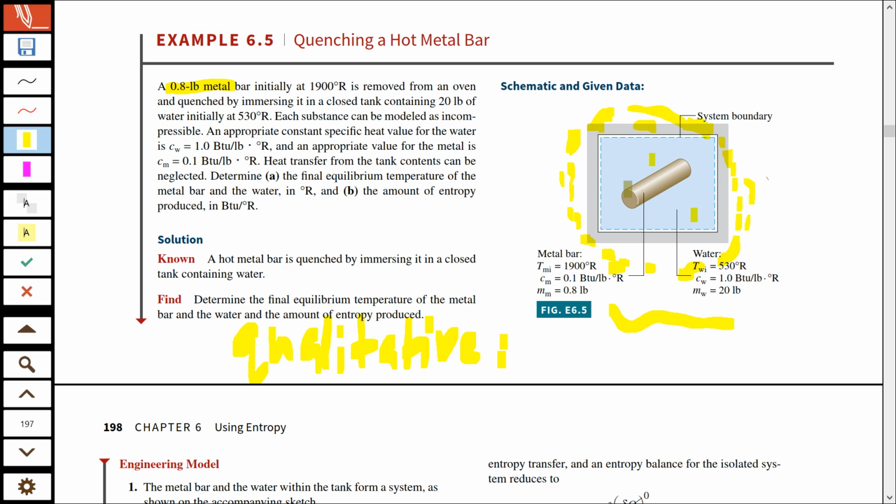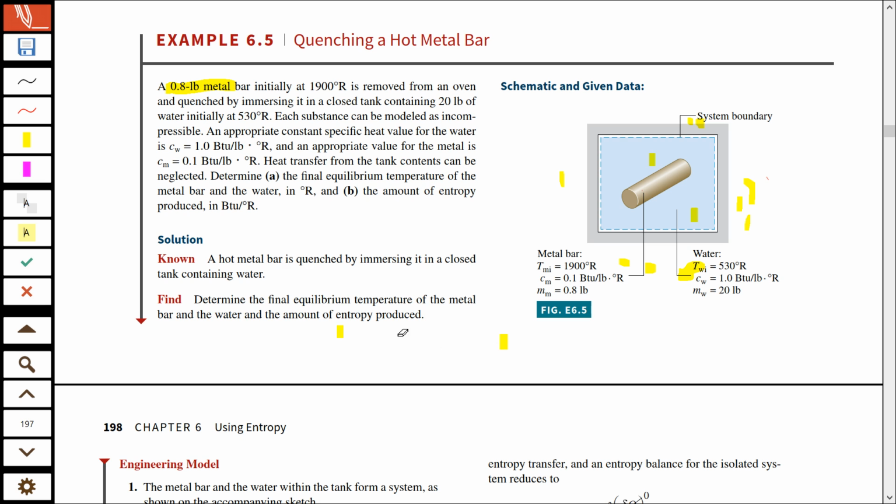No heat transfer, no mass transfer, no entropy transfer. These things are only possible at the boundary, but we will come to that. Don't worry. For the isolated system, it's very easy to write down the equations. But first we need to know what is asked.